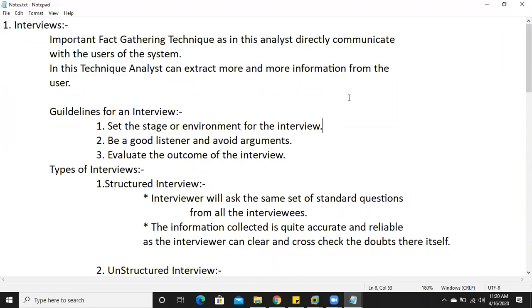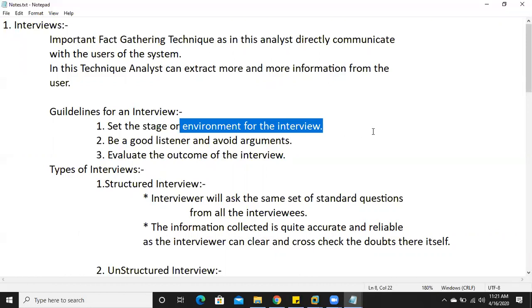Formal environment means, for example, you have to take your interviews one by one, because formal interviews take place in this way only.